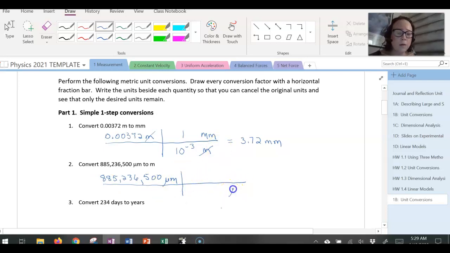This time I want micrometers to cancel, and I'm going to get meters as a result. So I need to set up my conversion factor, and I know that 1 micrometer is 10 to the negative 6th meters. If I do this math, I end up with 885 point.